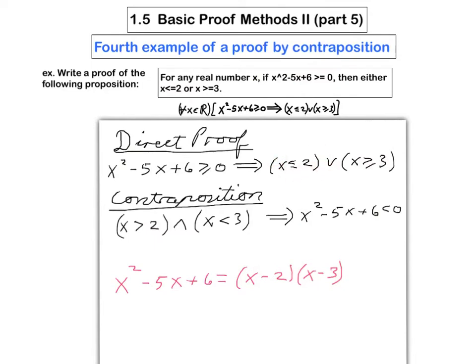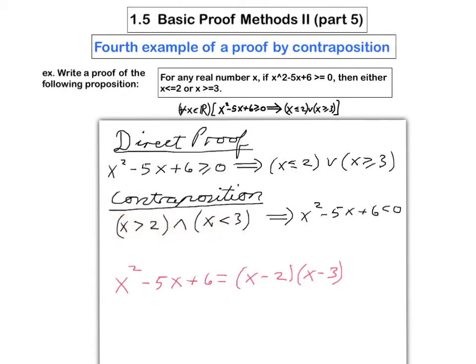Now I think you'll find if you write up that proof that it's not that easy to write it in a way that the reader can follow very easily. On the other hand, if you try proof by contraposition, then you get to assume that x is bigger than 2 and smaller than 3.